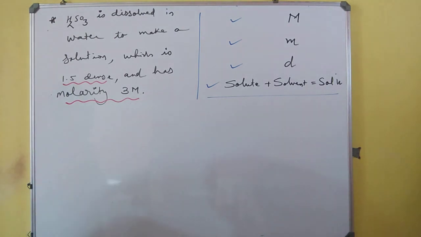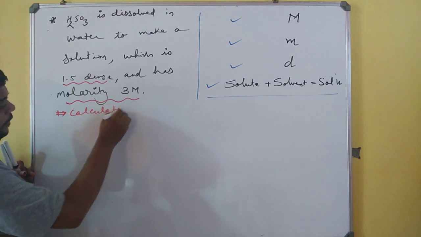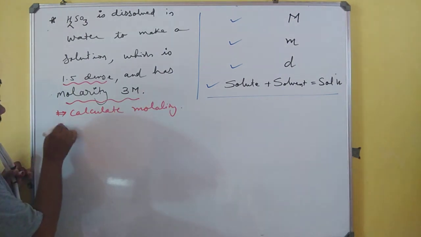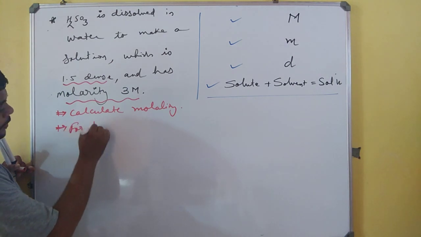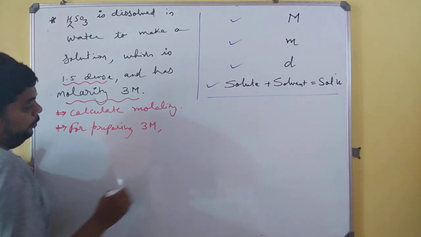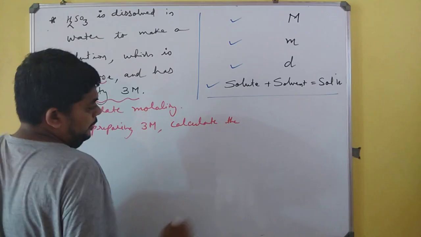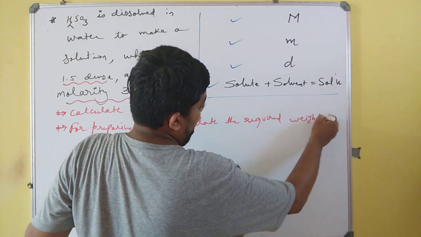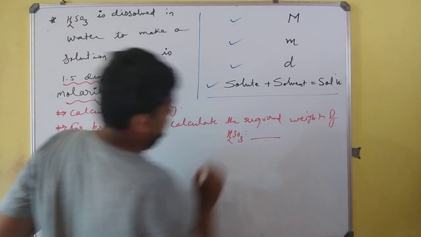Over here, what we will do, we will calculate molality, and for preparing 3 molar, calculate the required weight of H2SO3.